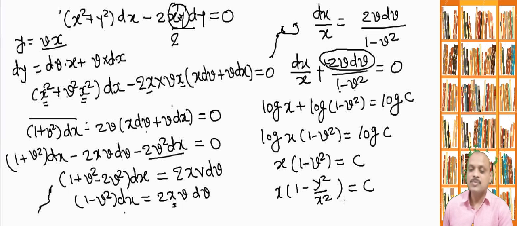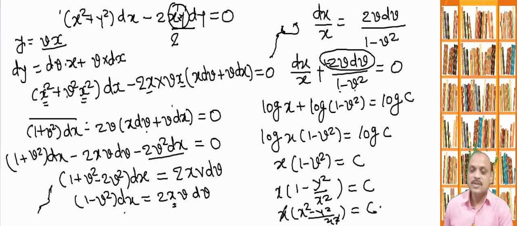Now if we take the reciprocal, x into (x square minus y square) divided by x square equal to c. This square and x get cancelled, and we get x. Now let us transform to this side.